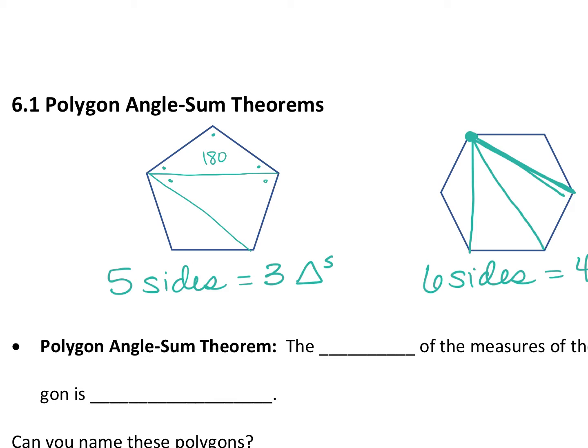And these 3 added together will be 180 degrees, and these 3 added together will be 180 degrees. If you look at all of those angles put together, this angle, that angle, that angle, that angle, that's all the angles of our pentagon, right?